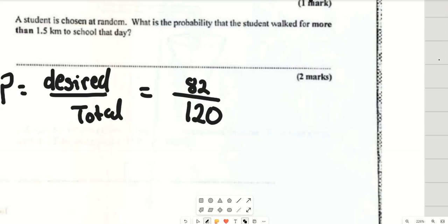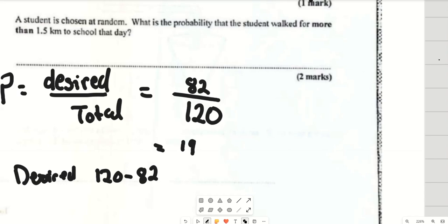Out of 120, which is equal to 19. What am I saying? Sorry, no. Your desired is not 82. Your desired would be 120 minus 82, because 82 is how many persons walked less than 1.5 kilometers, right?